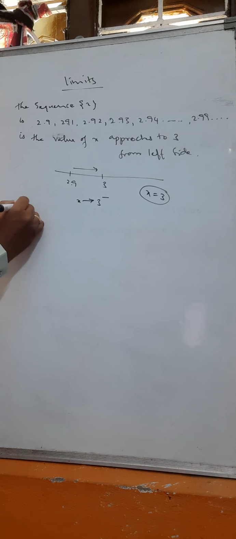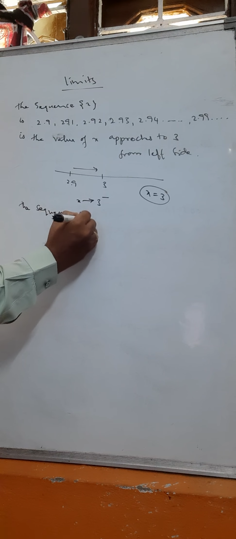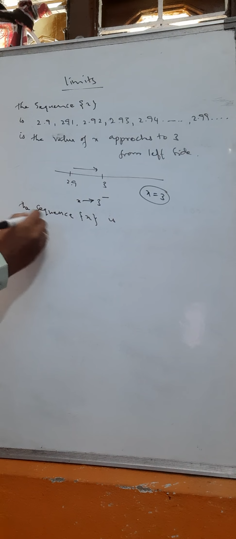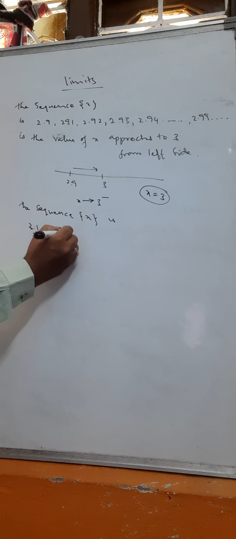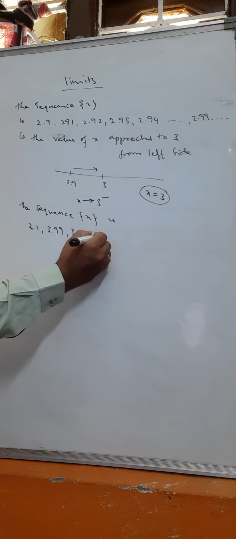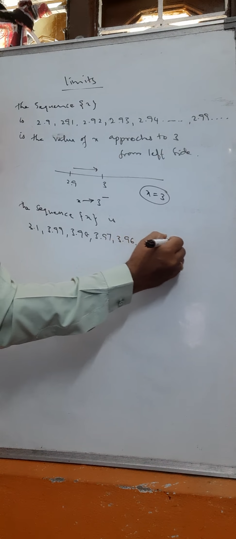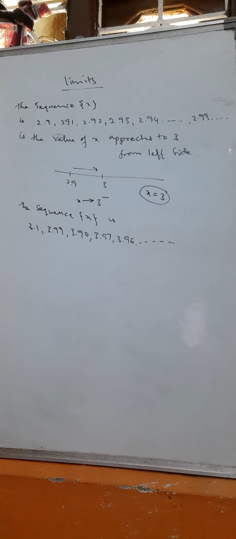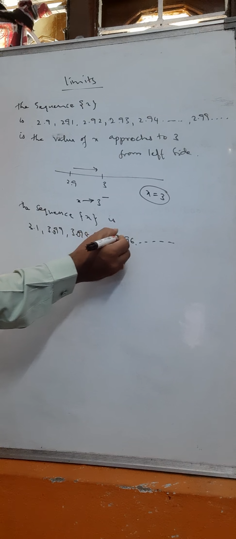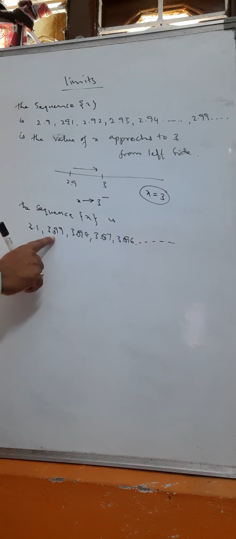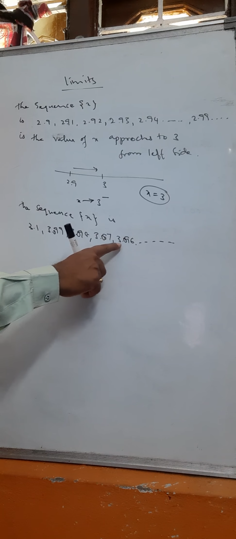Next, now I am taking the sequence x is 3.1, 3.99, 3.98, 3.97, 3.961. If you continue like this, 3.1, 3.099, 3.098, 3.097, like this.